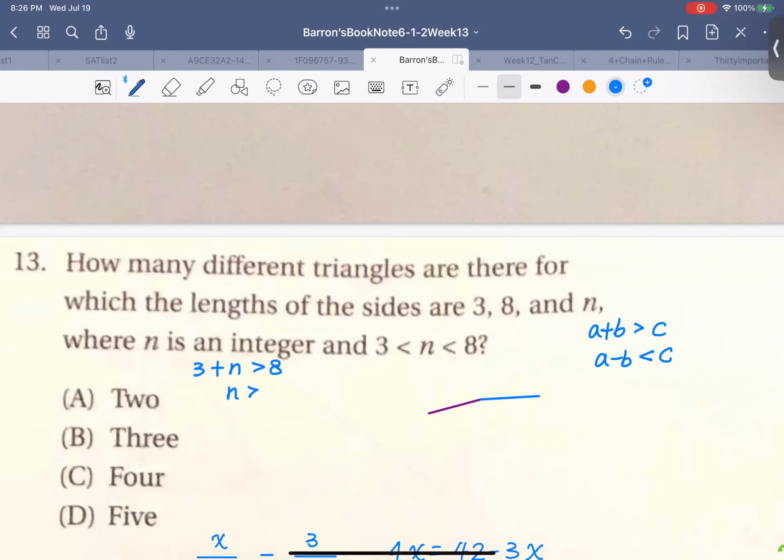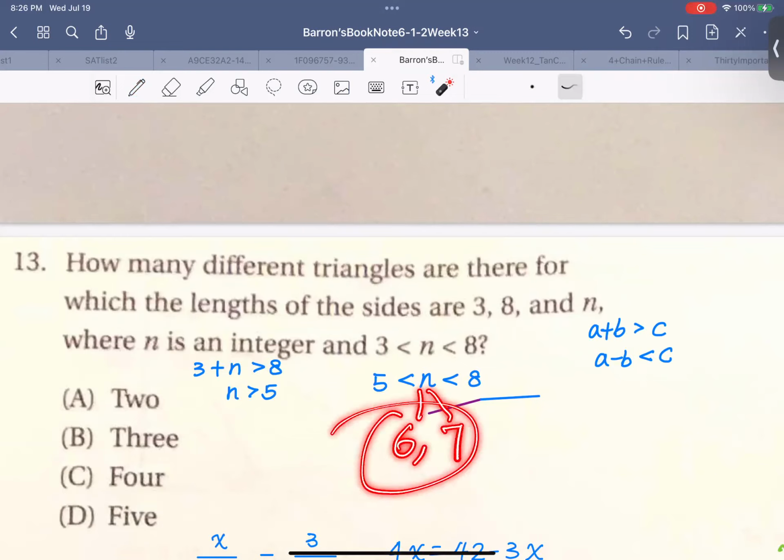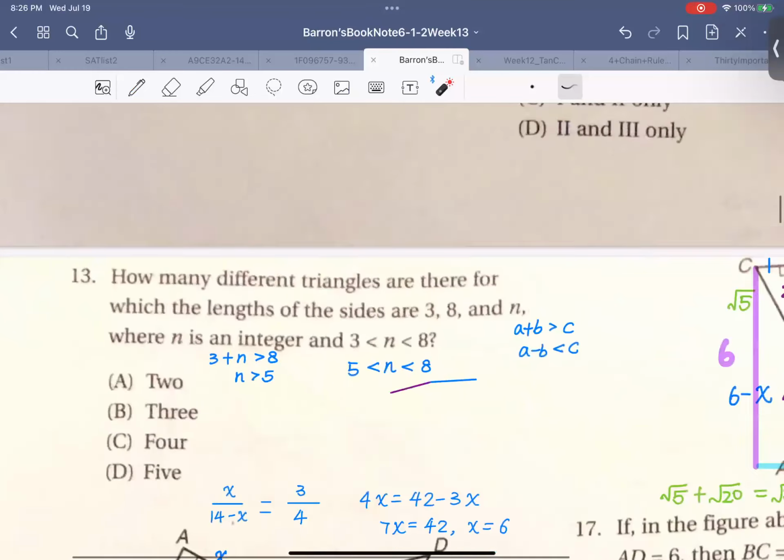But because N has to be less than 8, it can't be 8 or above. So it has to be 6 or 7. So N is restricted between 5 and 8, and it's also an integer, so 6 and 7, only 2. This is not equal; you cannot make it equal. It's less than. Okay, very good.